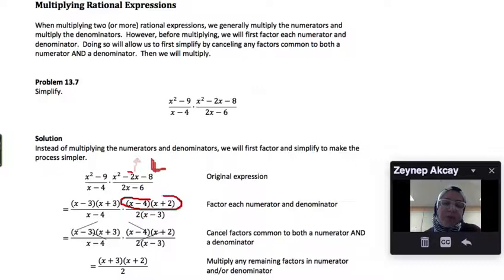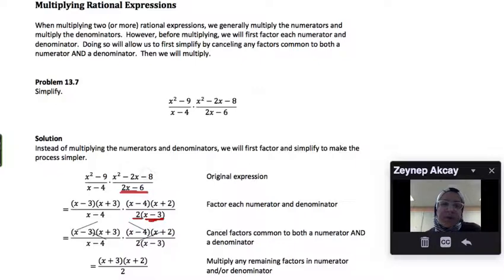So remember, we can just skip the middle steps and find the factors to be x minus 4 and x plus 2, which are exactly the two factors of negative 8 that add up to negative 2. And the second denominator has a greatest common factor, which we factor out. So it can be factored as 2 times x minus 3.